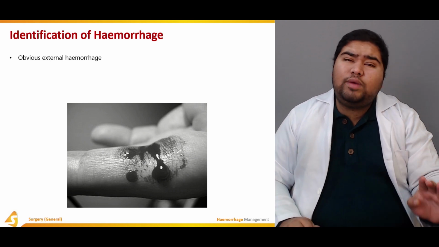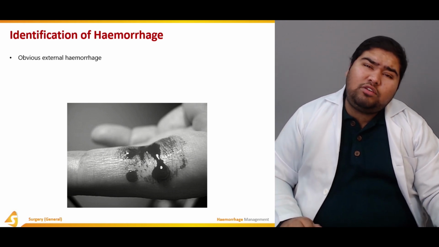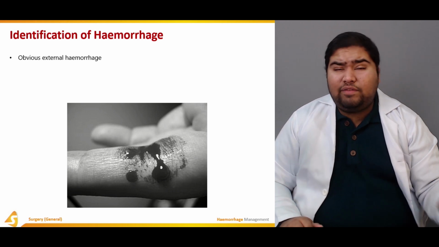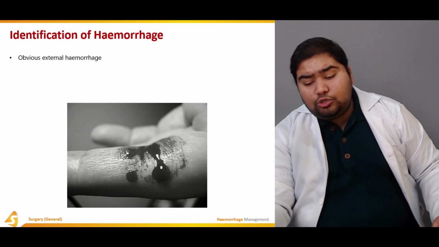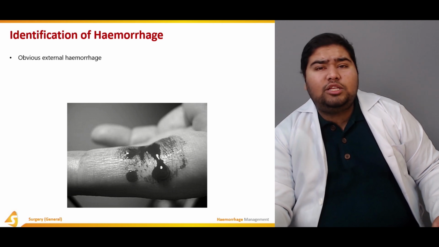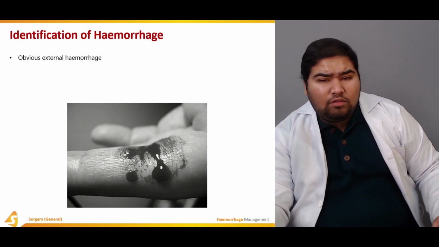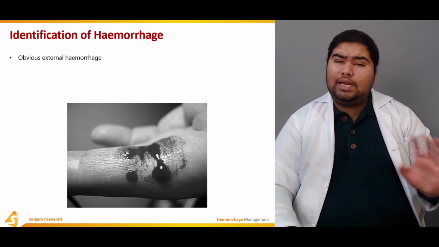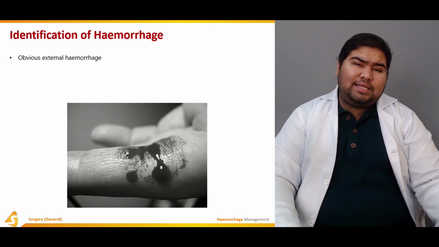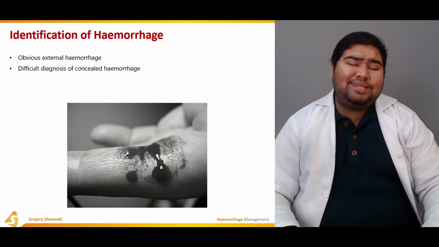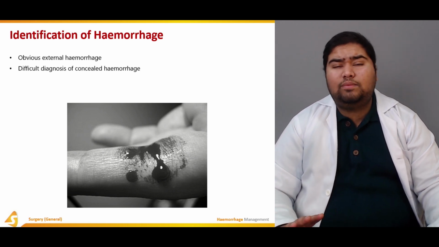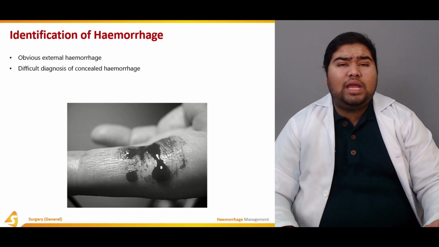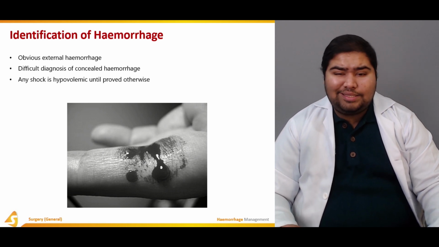You should always ensure that the rest of the body does not have an injury. So, in an obvious injury, you should always ensure that there is no unobvious site of bleeding. In an external trauma, the bleeding site is pretty obvious. It is difficult to diagnose concealed hemorrhage, but again we can take the help of various investigative modalities.